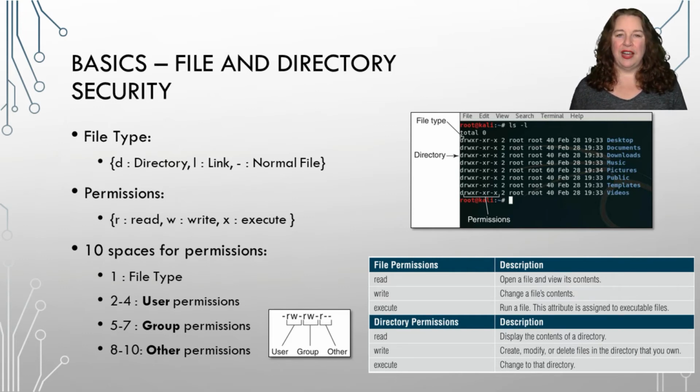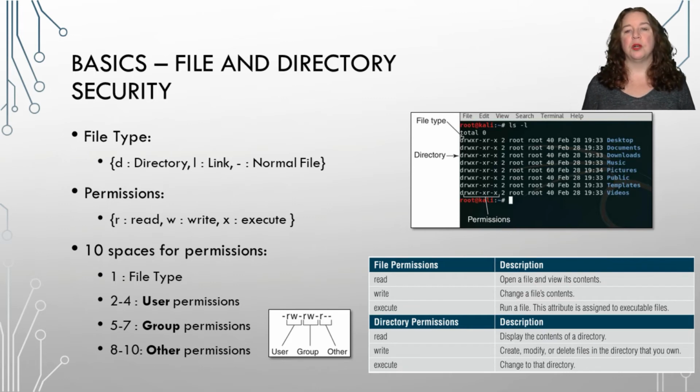When we look at our file and directory structure, we are going to look first at the first space, that one space, and that's going to tell us our file type. Is it a directory? Is it a link? Or is it a normal file? If it's a directory, it'll start with a d. If it's a link, it'll start with an l. And if it's a normal file, it'll have a dash as the first character.